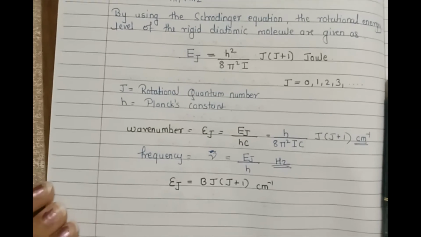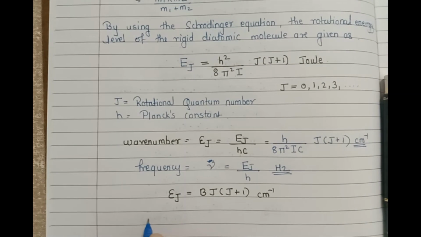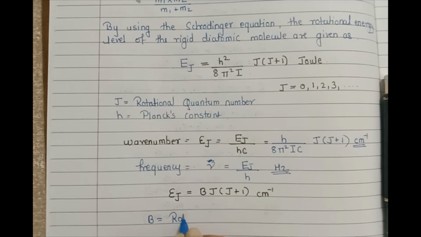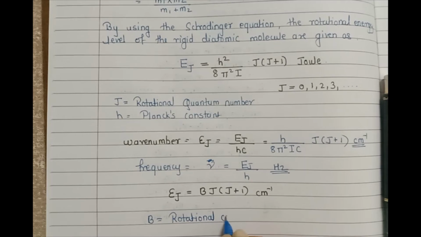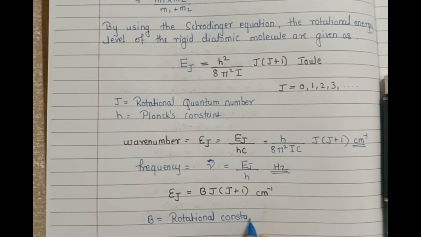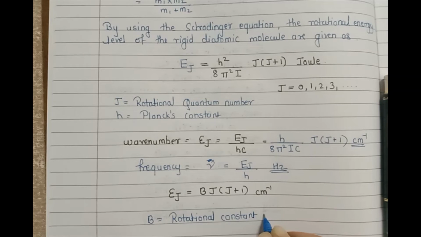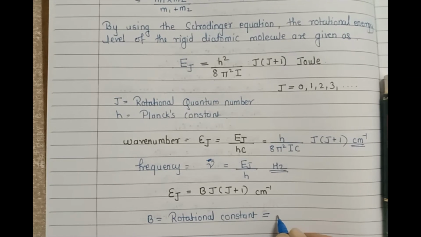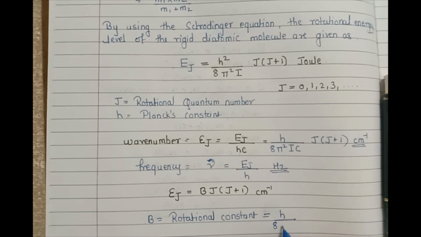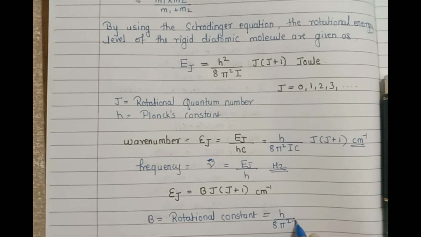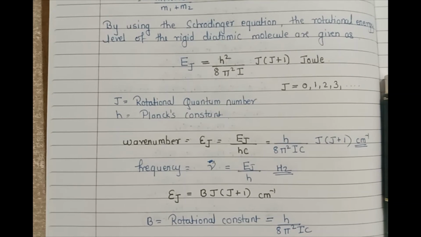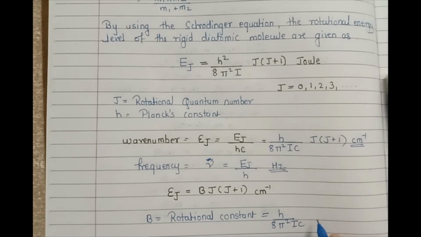So this B is known as the rotational constant, and having the value h upon 8 pi square Ic. Is it okay? Expressed.